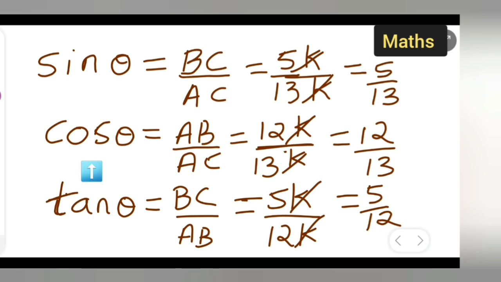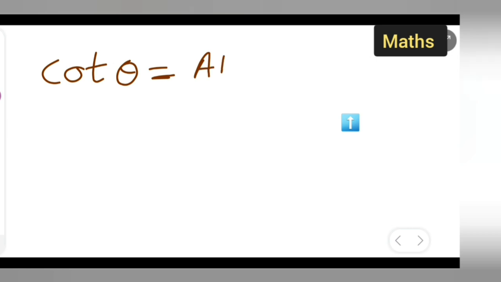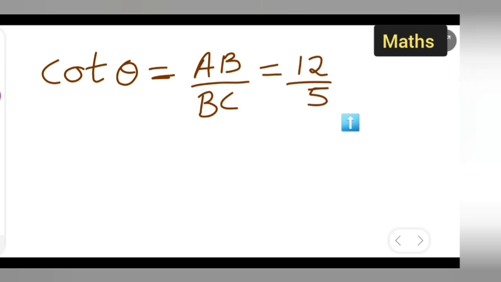Next, let us find cot theta. Cot theta is adjacent upon opposite, that is AB upon BC, so 12 upon 5.